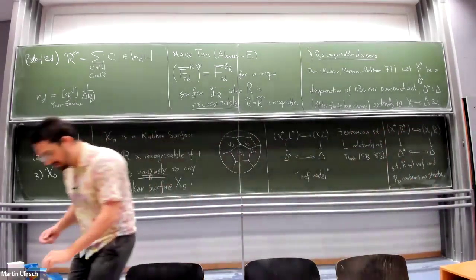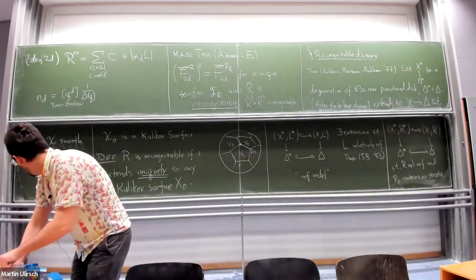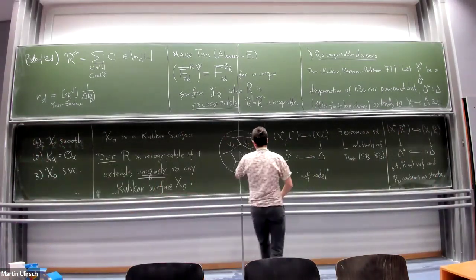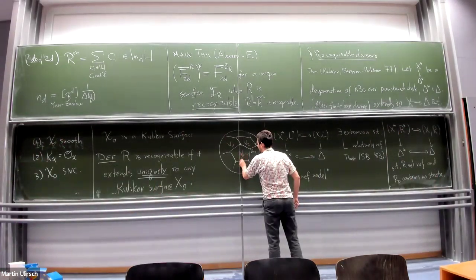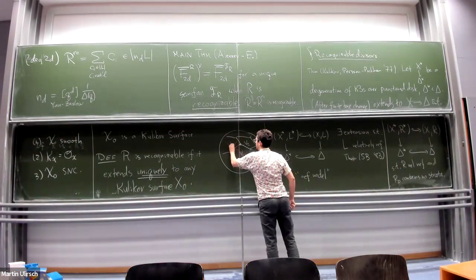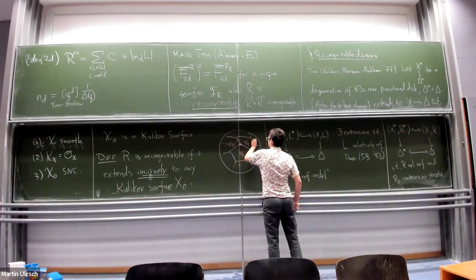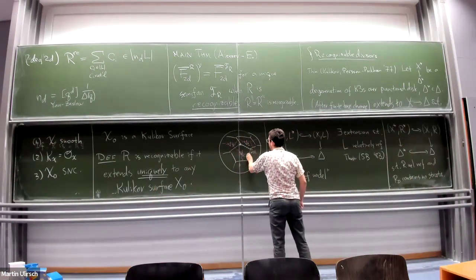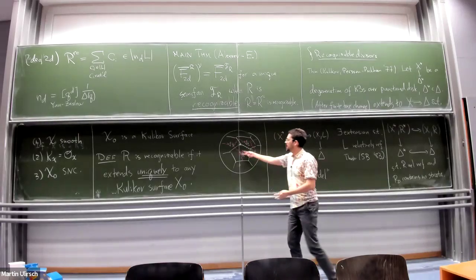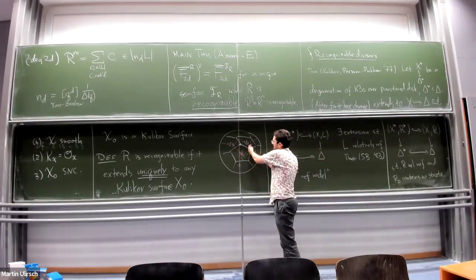The picture is that the divisor I could think of as living inside these components. It breaks up into curves on each component, but the key point is that it doesn't contain any of these double curves, and it doesn't pass through any of these triple points.